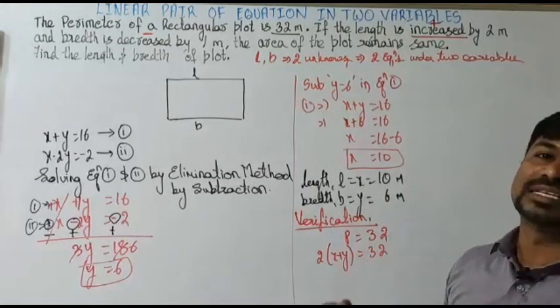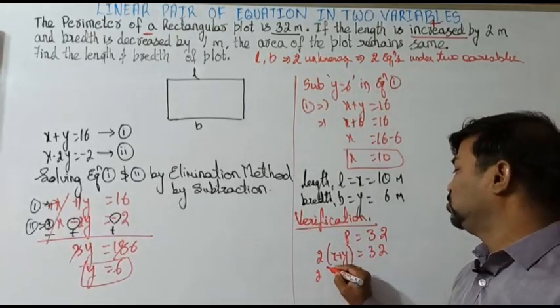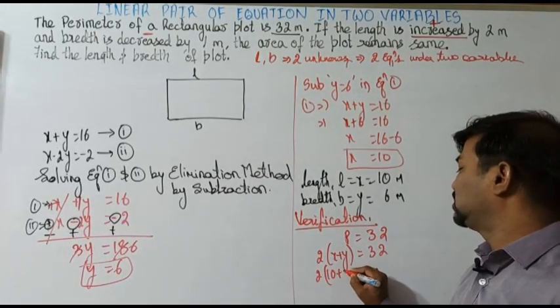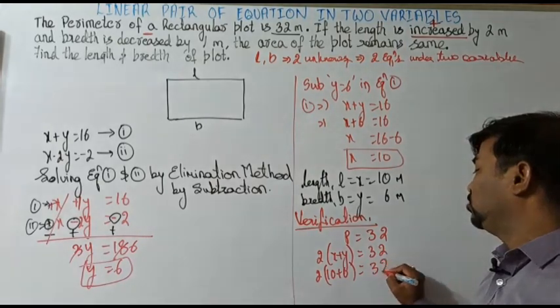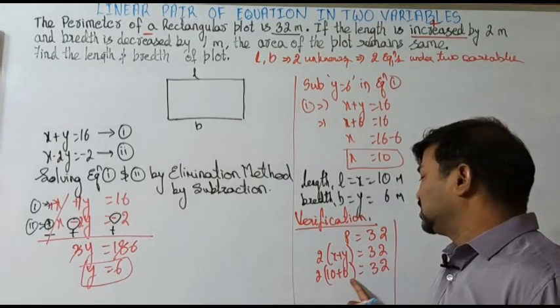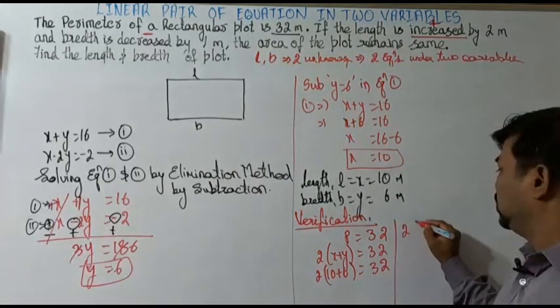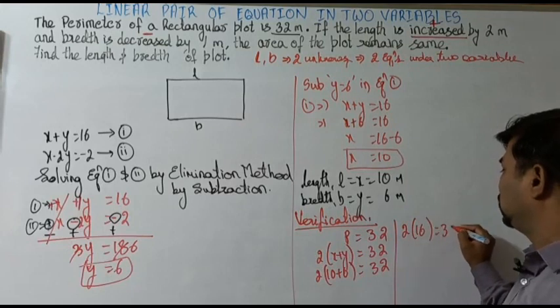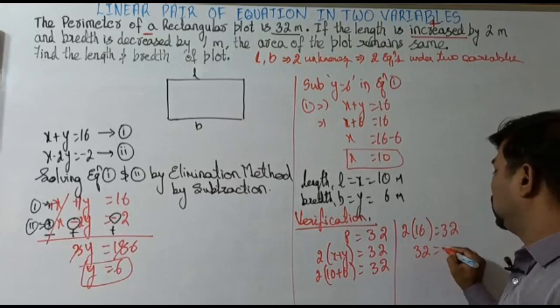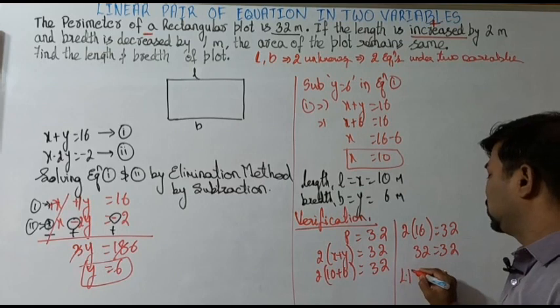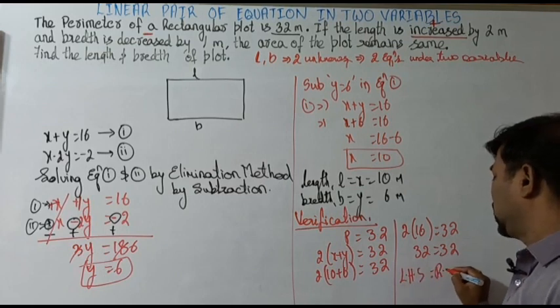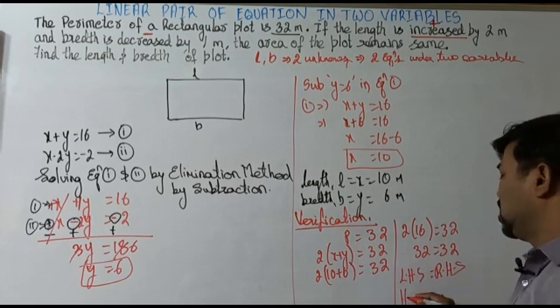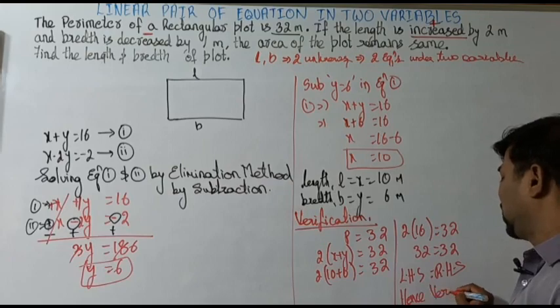What are the values of x and y we got? It's nothing but 2 into 10 plus 6. Is it equal to 32? Let us check it out. So it's nothing but 16. 2 into 16 equals 32. 32 equals 32. LHS equals RHS. We can say hence verified.